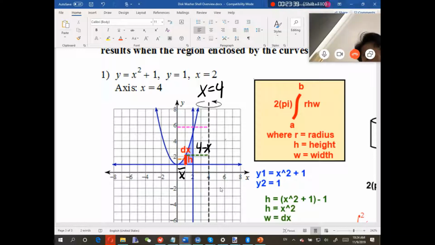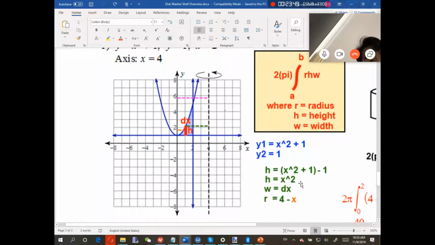The difference between those two x values. Okay, so that gives us our radius is 4 minus x. Our width of the box was dx. And our height of the box was x squared plus 1 minus 1, which is x squared.